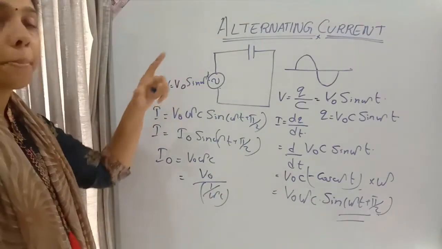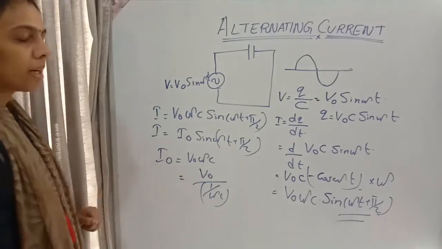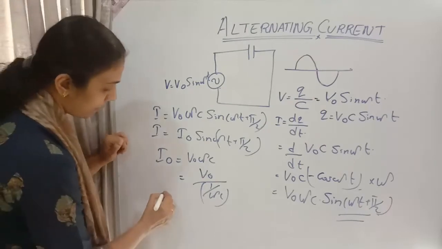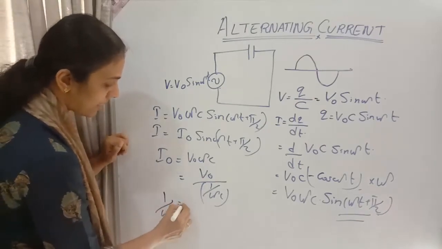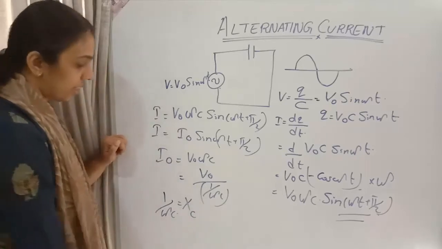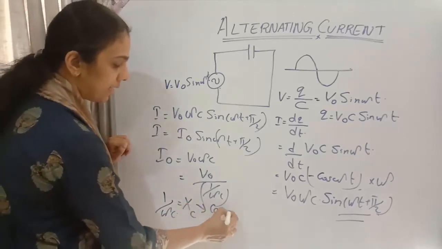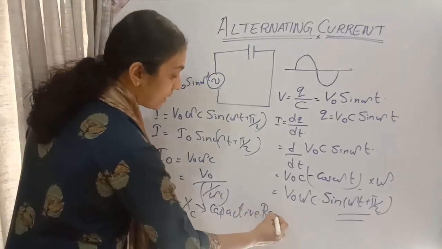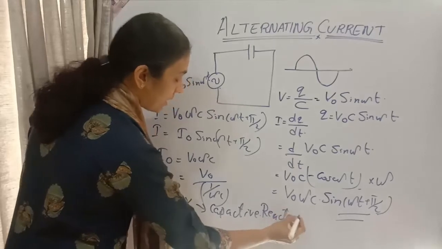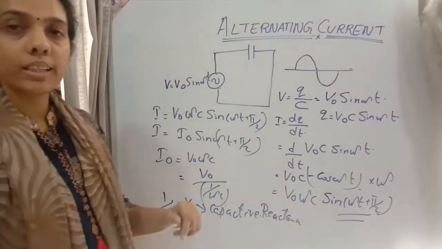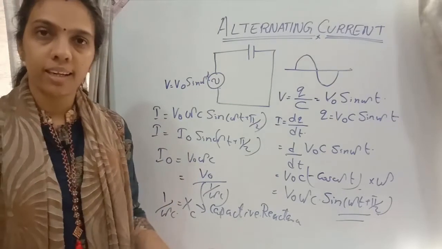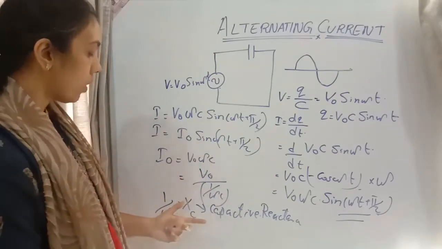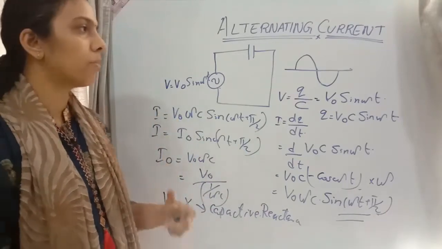Since it is a capacitive circuit, this 1 by omega C is called capacitive reactance, represented as XC. In the case of the inductor, we learned XL equals omega L, and here we got XC equals 1 by omega C.